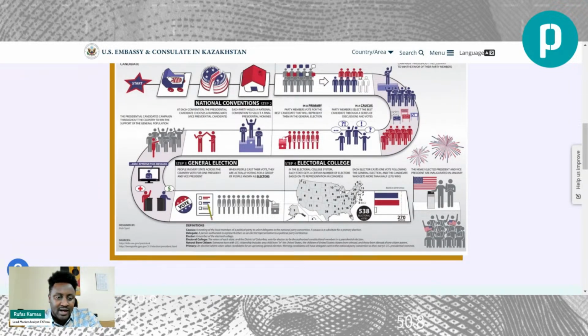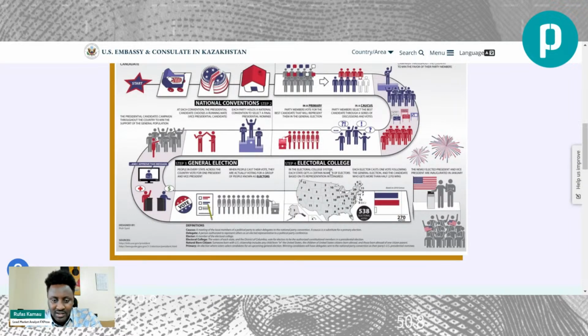This means that the last vote will be cast on or before midnight. People in every state across the country vote for one president and vice president. When people cast their vote, they are actually voting for a group of people known as electors. Those votes are associated with the electors who represent them in what we call the electoral college.